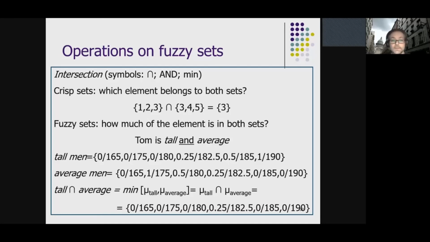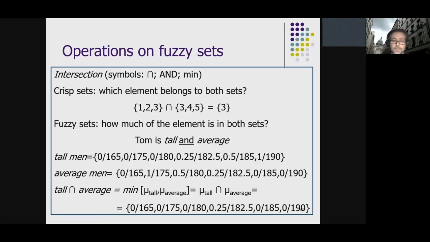In crisp sets, if you have two sets, like in my simple example, 1, 2, 3, and you calculate the intersection with another set, 3, 4, 5, then we know from set theory that only the element common to both sets will survive, and that's the element 3. So we have a new set which contains just one element, number 3.